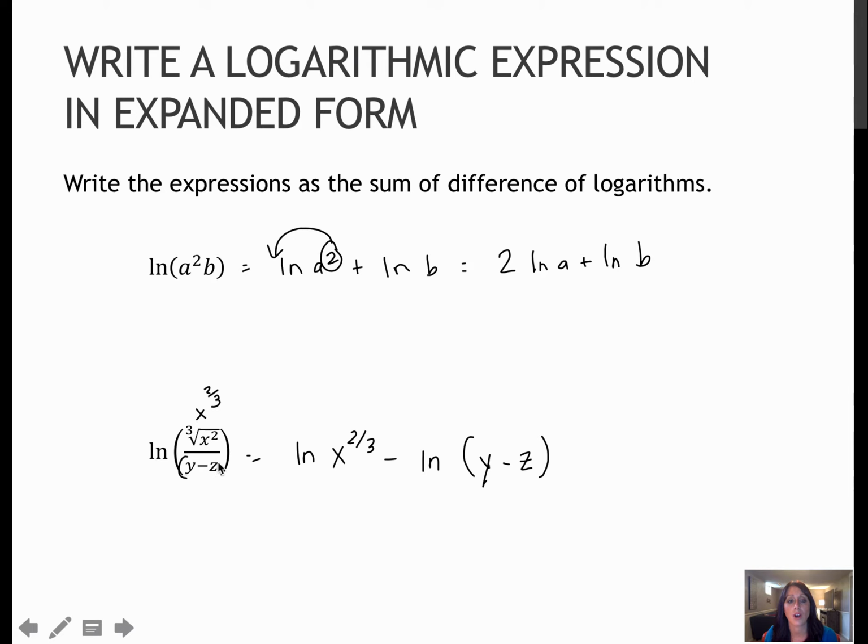But because this is all one thing and it's a difference rather than a product, I have to keep it together. Of course, this 2/3 would move out front, so 2/3 times the natural log of x, and then of course the natural log of y minus z. Nothing else I can do there.